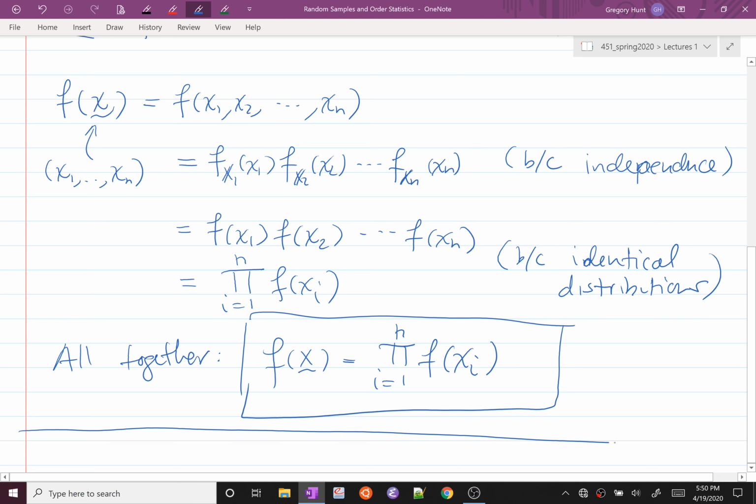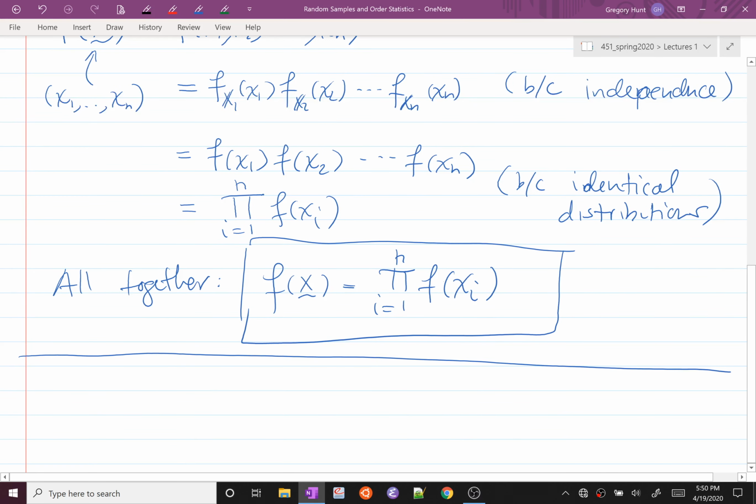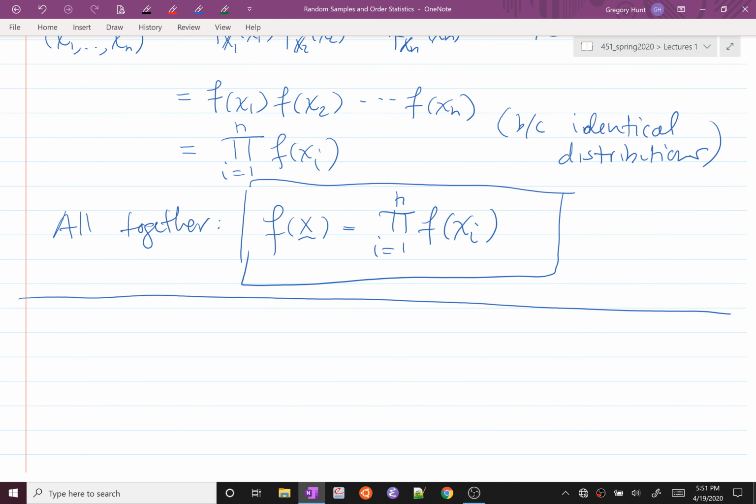It means that for a random sample, our joint distribution has a really simple form. It's just the product of whatever the underlying distribution is, n times, and we plug in x1, x2, x3, all the way up to x sub n. So this independence and this identical distribution make the joint distribution very simple.